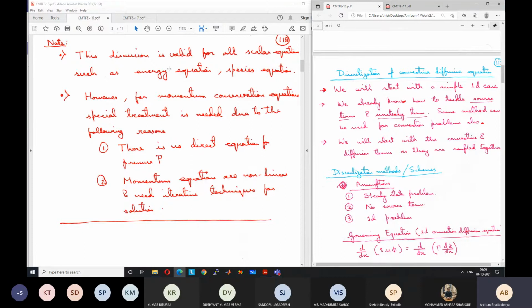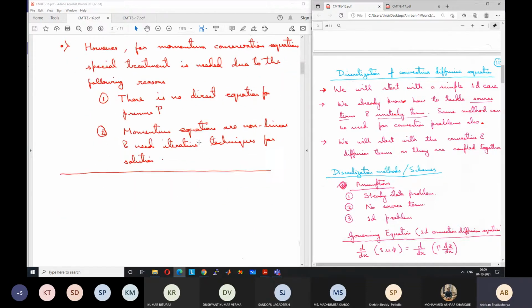Otherwise, they are valid. The problem in solving the Navier-Stokes equation is due to the unknown pressure, for which there is no separate equation, and we have to somehow modify the continuity equation to extract an equation for pressure. That is very cleverly done, and we will see it later after this chapter. Okay, momentum equation.